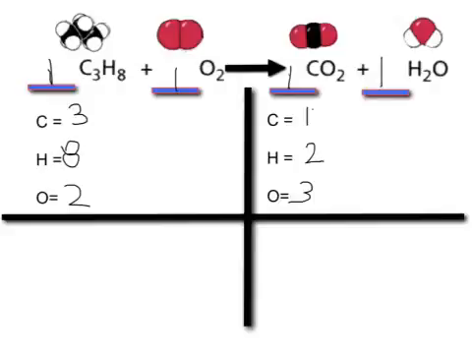So first you want to get the carbon level on this side to be 3. So you would put a 3 in front of here. So the carbon would be 3 here, and the oxygen here would now be 6, which is closer to 8.